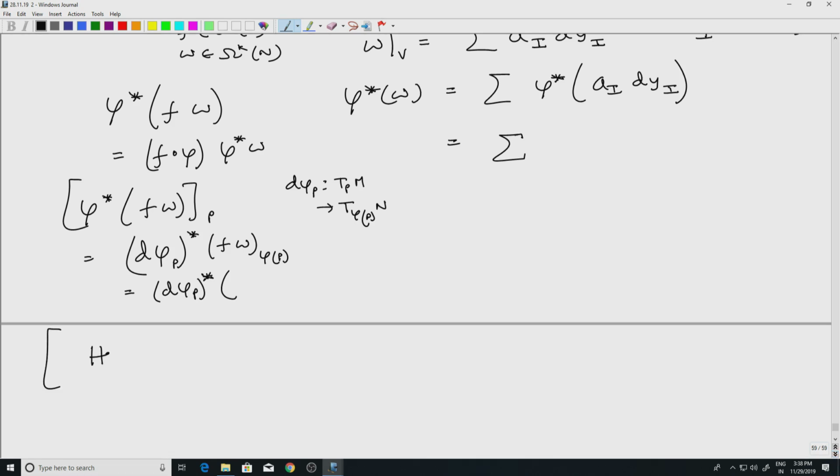Here f omega, its value at a point, is just f of p times omega at p. Do the obvious thing. So here what I'll be getting is f of phi of p times omega at phi of p.